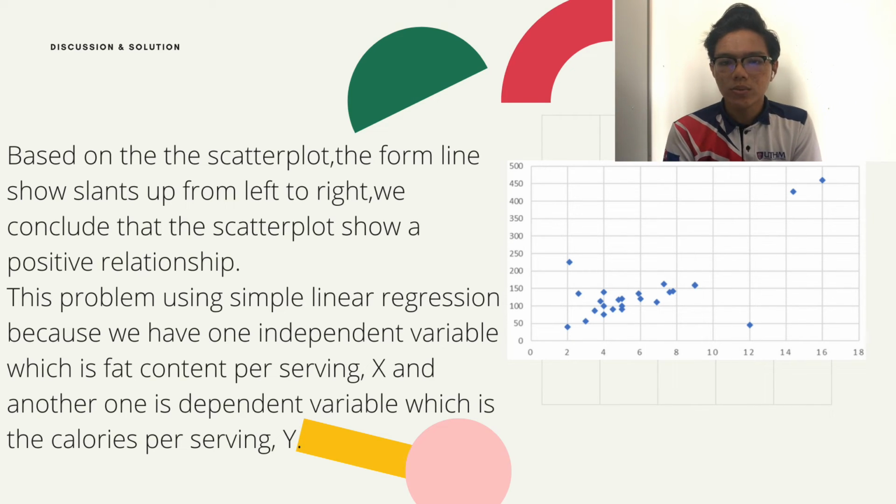For the second question, the explanatory variable is fat content per serving, while the response variable is calories per serving. Simple linear regression was used to solve the problem because we have one independent variable, which is fat content per serving on the x-axis, and one dependent variable, which is calories per serving.